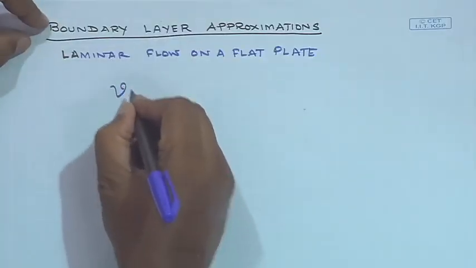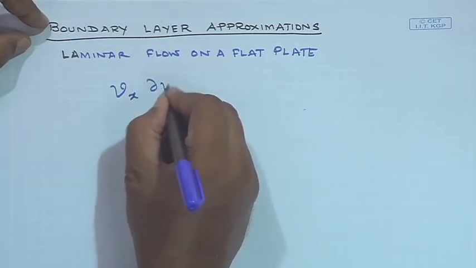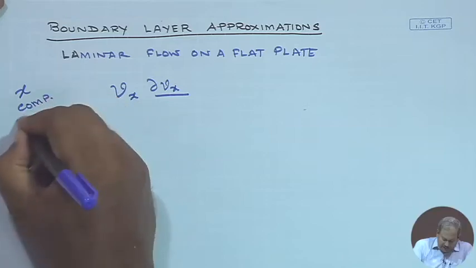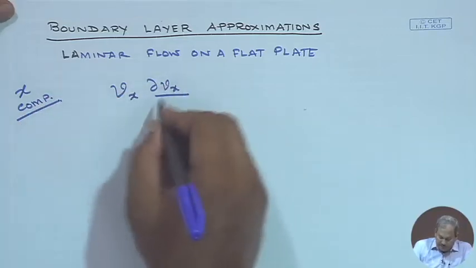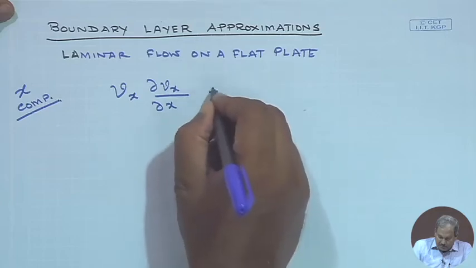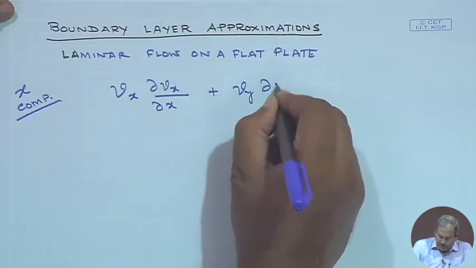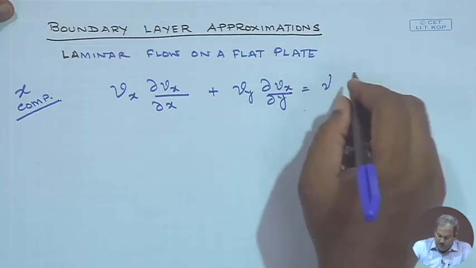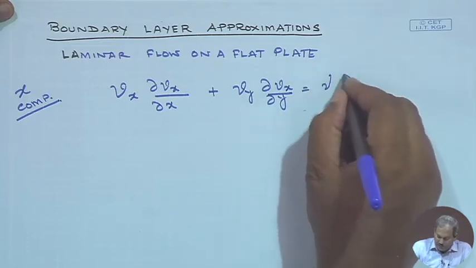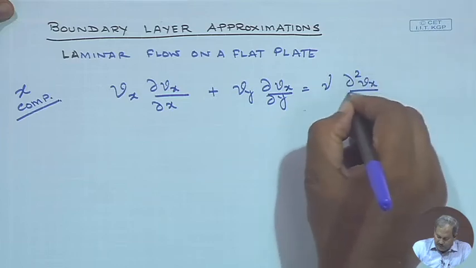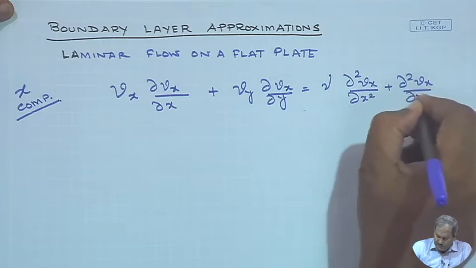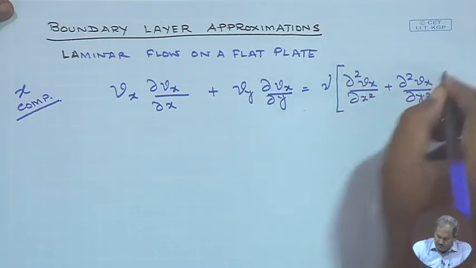So, we are going to write the Navier-Stokes equation for flow inside a boundary layer, which would look something like this. From our treatment of the Navier-Stokes equation, we write the x component, since this is the principal direction of motion, plus Vy del Vx by del y equals nu, which is nothing but mu by rho, the kinematic viscosity, times del square Vx by del x square plus del square Vx by del y square.